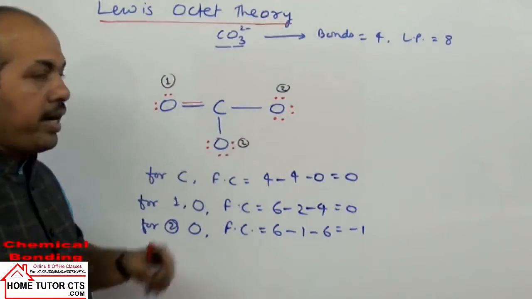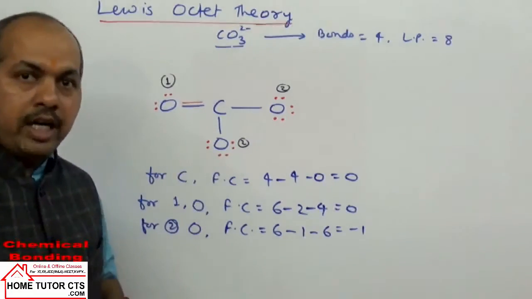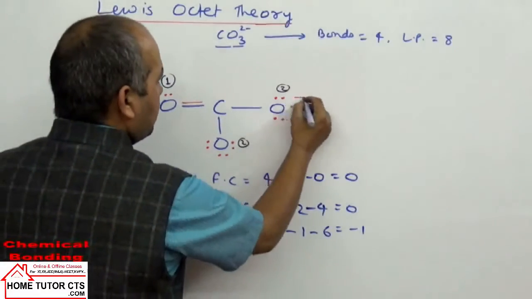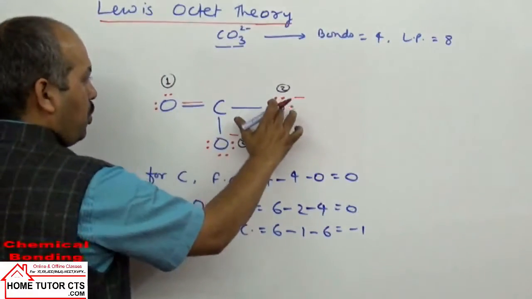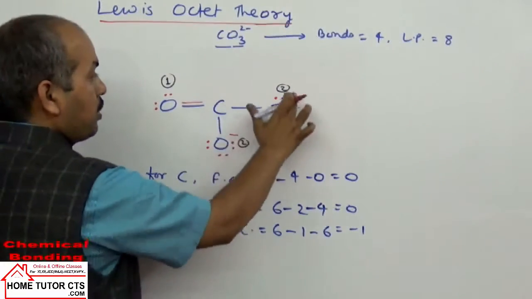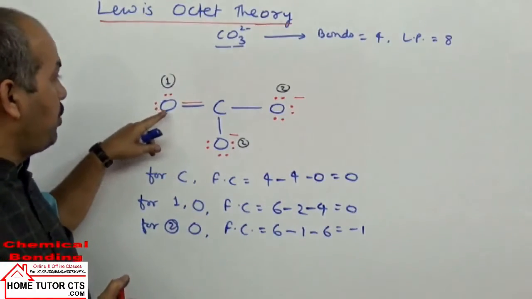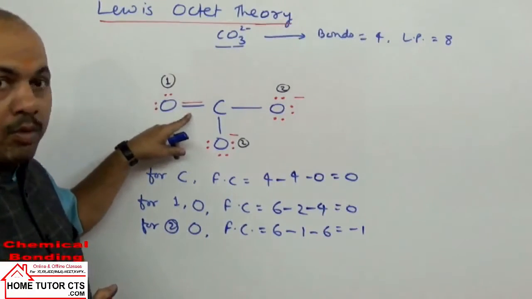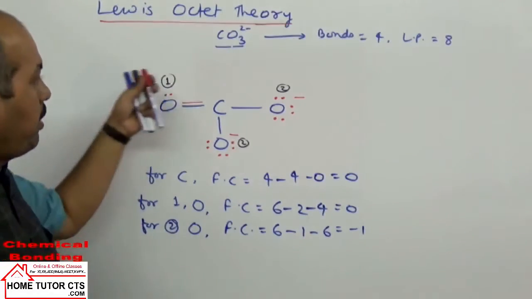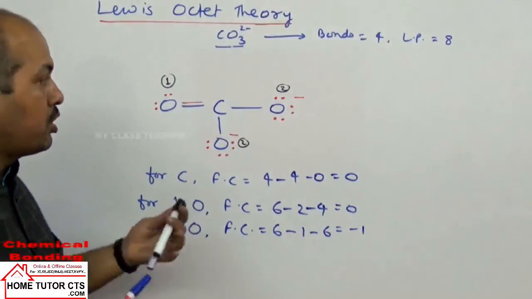This O and this O are identical, so these two oxygen atoms have minus 1 charge each. The 2 oxygen atoms with single bonds and 3 lone pairs carry negative 1 charge each, while this oxygen with a double bond and 2 lone pairs has 0 formal charge. This can be taken as the structure of carbonate as per the Lewis dot structure.